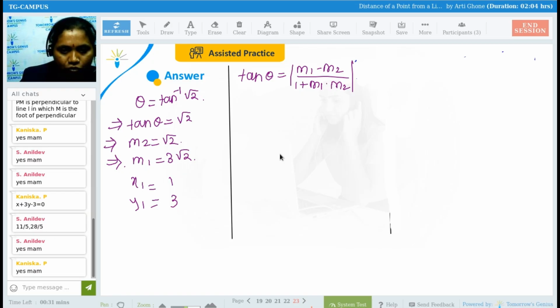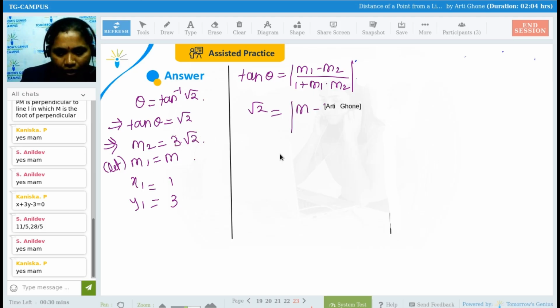now tan theta is root 2. So consider this one. We have only one slope with us if we go with this methodology. So tan theta is directly compared with the root 2 value. And we have m2 is equal to, and m1 is equal to, let us assume m value. Now you are able to get the value.